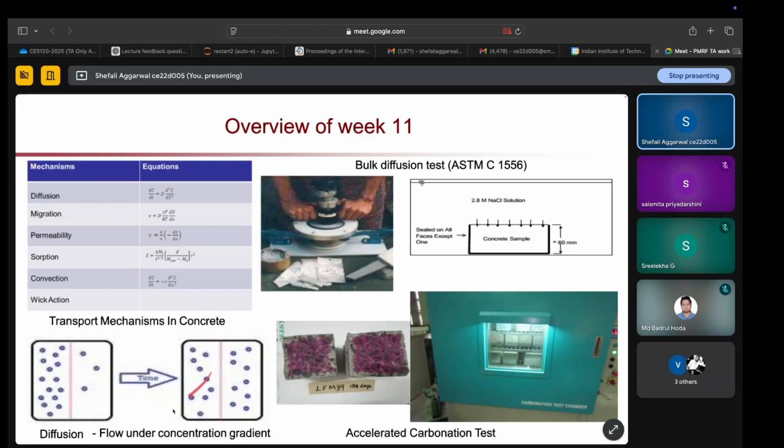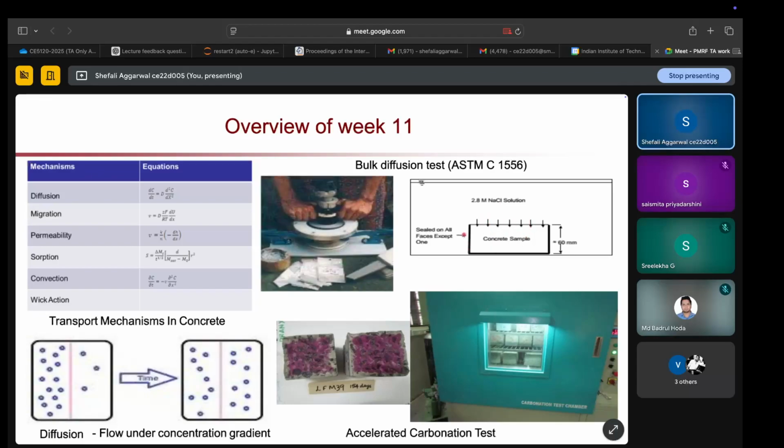So that is the diffusion mechanism. If we talk about our lab environment, how we calculate diffusion, we have a test, the bulk diffusion test, which is given by ASTM C1556. In this test, if we have this type of concrete sample, we expose it to chloride solution, allowing the chloride solution to penetrate from only one end of the concrete system.